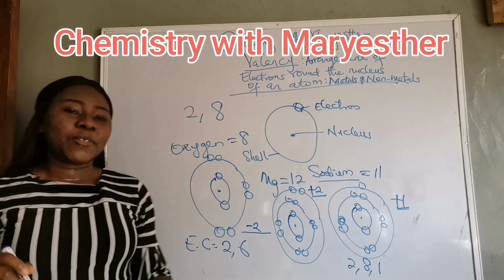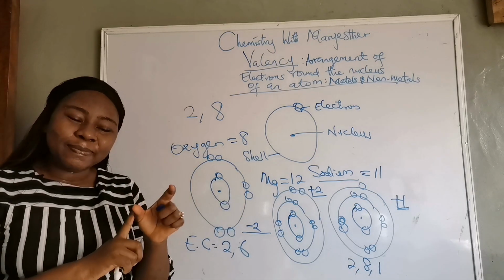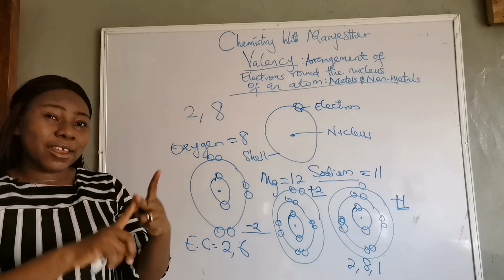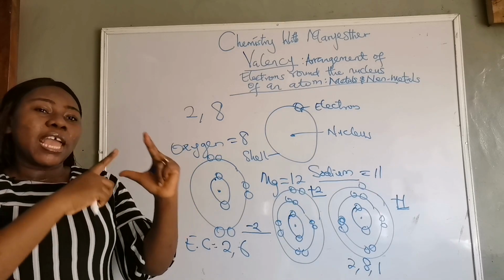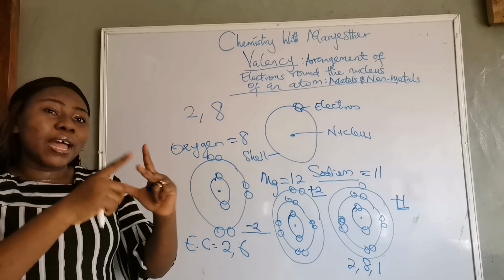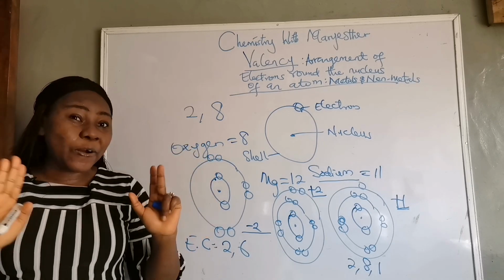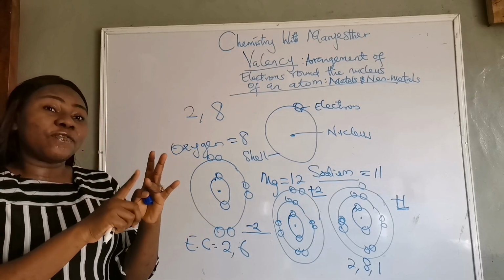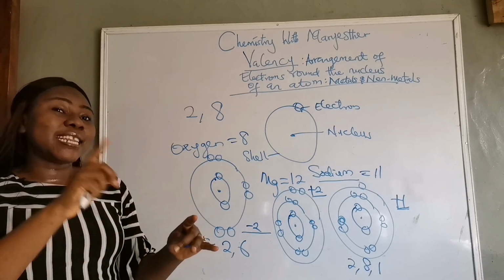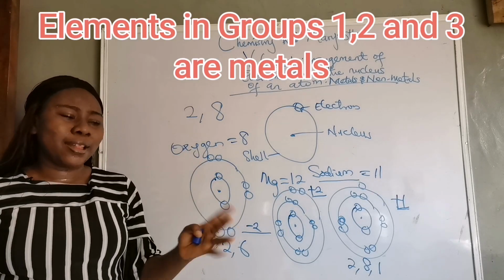Hence, that is why when you check the periodic table, elements in groups 1, 2, and 3, remember group has to do with electrons in the outermost shell, those that have 1, 2, and 3 electrons in the outermost shell, they are metals. But those elements in groups 5, 6, and 7 are non-metals. Why?